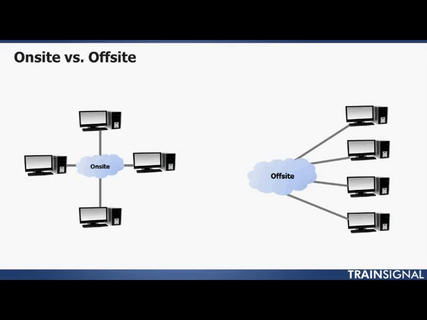So that's where there's a little bit of a gray area when it comes to the terminology. But the simple way of thinking about it is you have your private cloud on-site versus public cloud computing, which would be if you're using a third party off-site. All right, so that is really what you need to know when it comes to the different virtualization terminology, and more specifically when it comes to cloud computing, what we mean when we talk about on-site or off-site, or if you hear private cloud or public cloud.